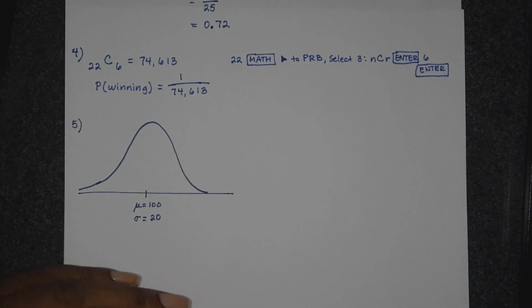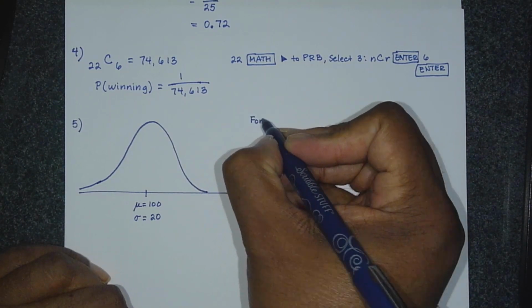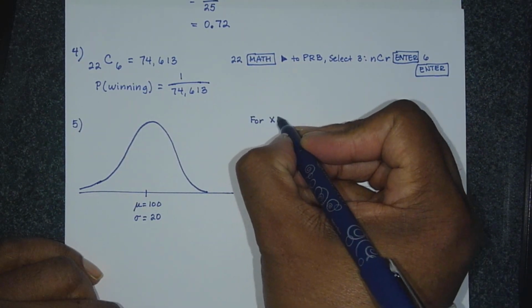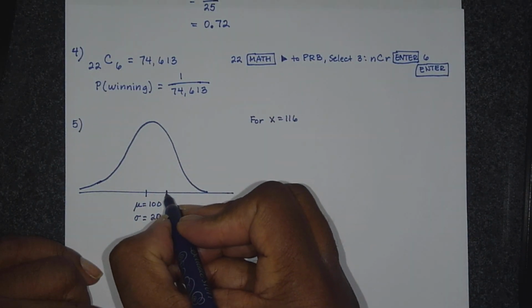So the first thing we have to do here is, let's say this is x equal 116. Well, 116 will be somewhere right here.